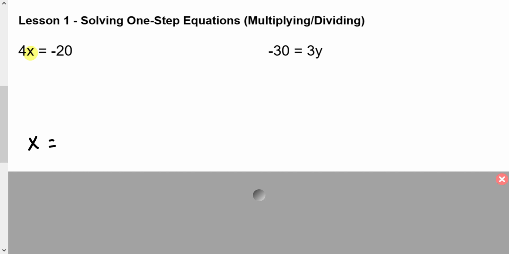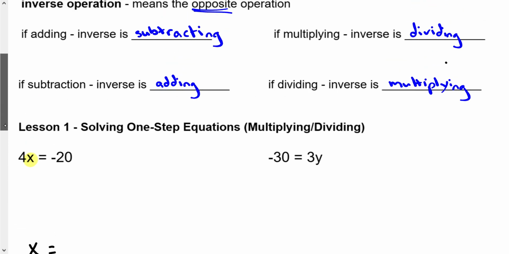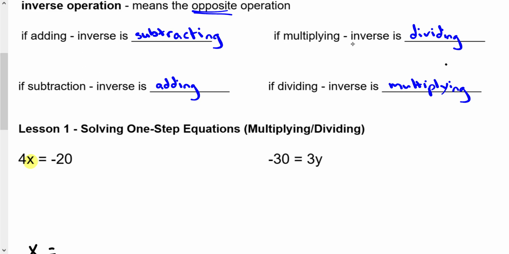I need to get the 4 out of the way. Then you say, what is the 4 doing to the x? Well, it's multiplying, Mr. Tate. Yes, that is exactly right. What is the opposite of multiplying? And that's when your brain comes back up and it goes, oh, I know this. Multiplying, the inverse of multiplying is dividing.